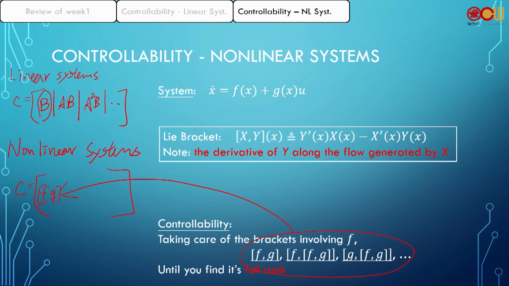The lie bracket of F and G means the derivative of y along the flow generated by x. That means that given the change of x, what will be the change of y? Because x, y are coupled together. You can consider this as a capital X, capital Y. These two are coupled together because the control input can change the x, and x appears both in here and here. So both two are coupled together.